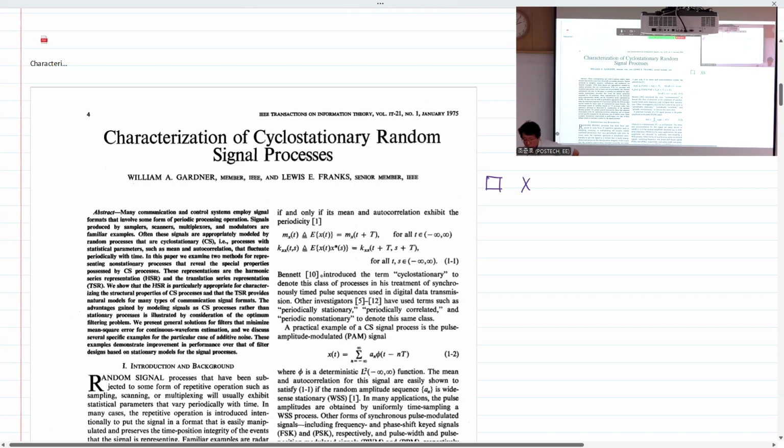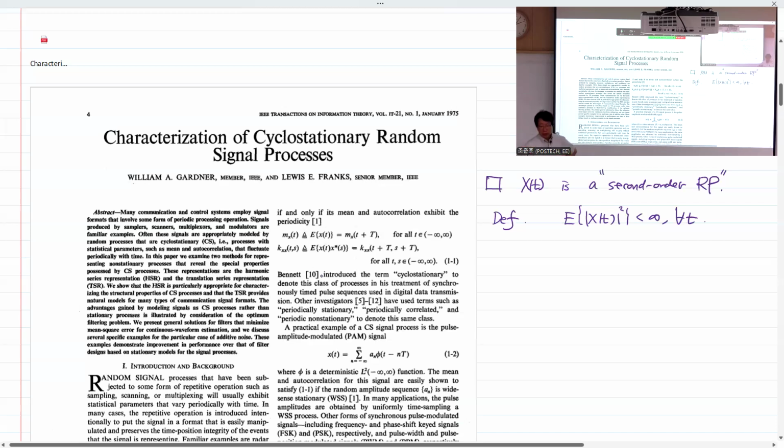So the thing is this. Suppose x of t is a second order random process. Here, the terminology second order random process often means different things, but here I adopt the definition that it has finite power for all t.